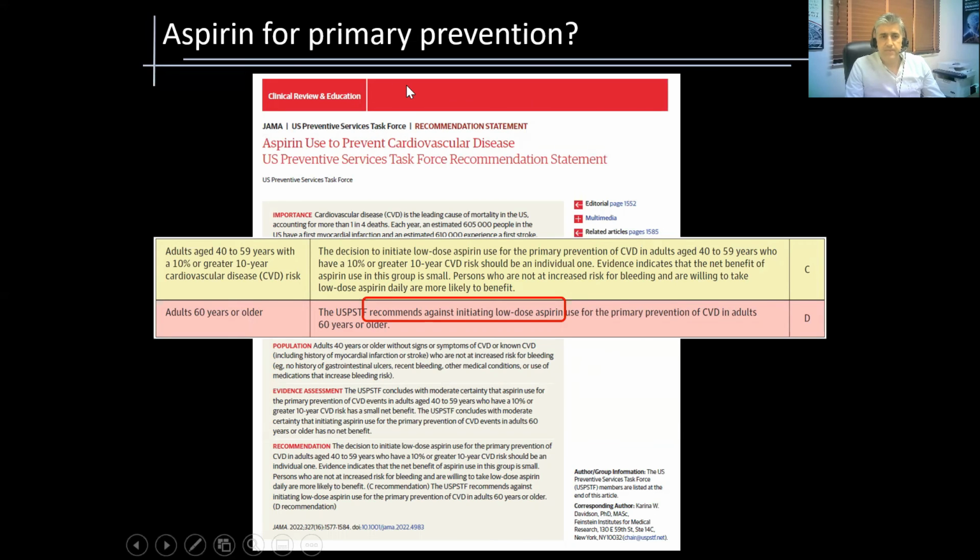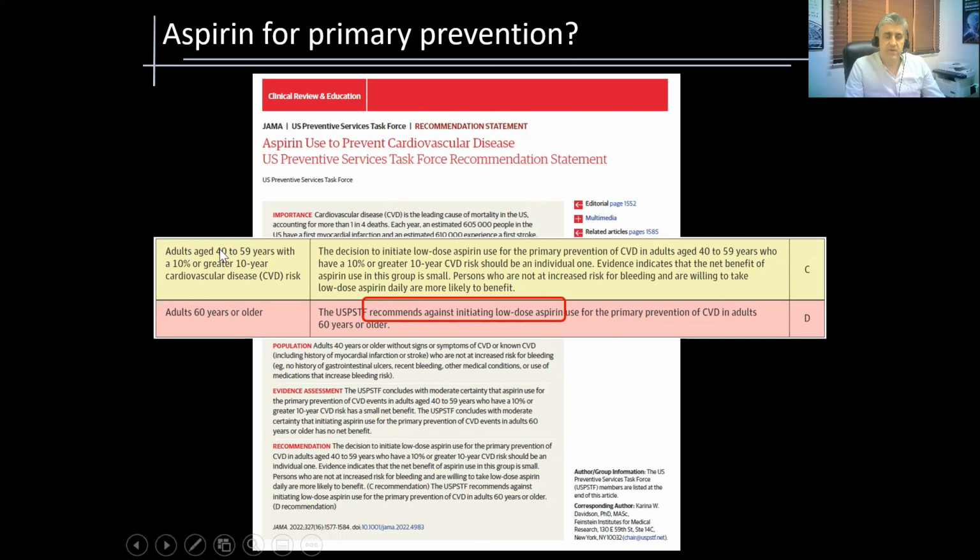This was a nice recommendation statement published a few days ago in JAMA, where it is clear that for adults who are 60 years of age or older, the Preventive Services Task Force recommends against initiating low-dose aspirin use for primary prevention.